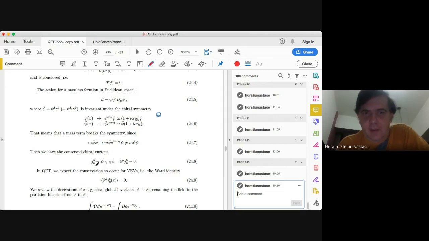So the chiral current is psi bar gamma mu gamma 5 psi. And it's conserved, meaning its divergence is 0. Because, well, just because of Noether's theorem.